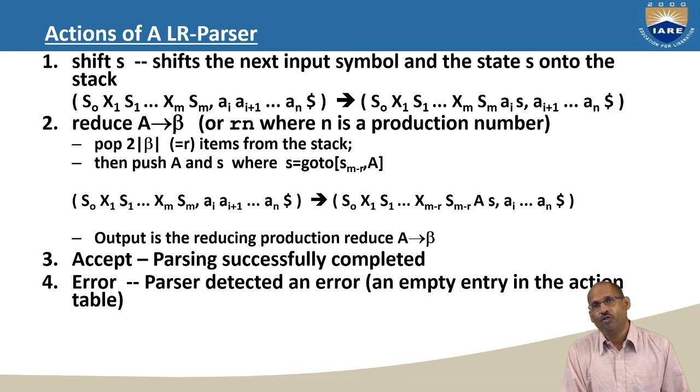There will be four actions in the table: shift, reduce, accept, and error. These are the four possible actions in the LR parsing table.